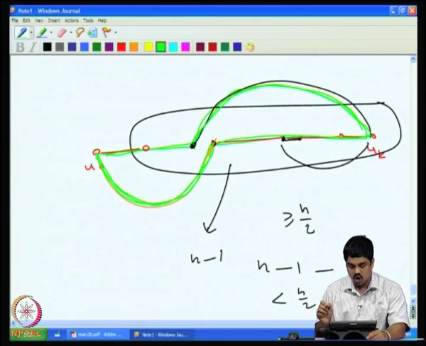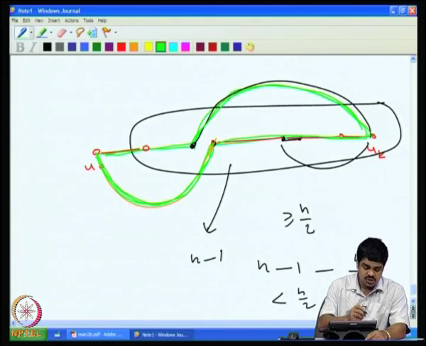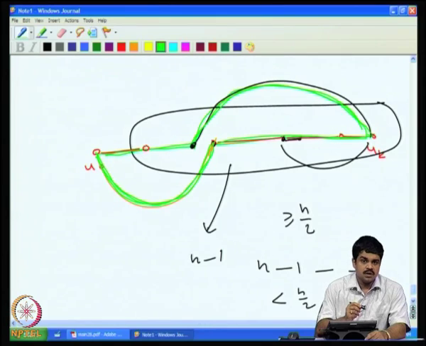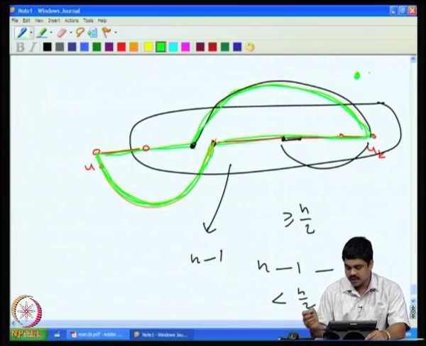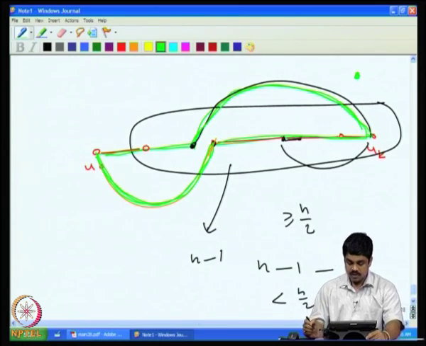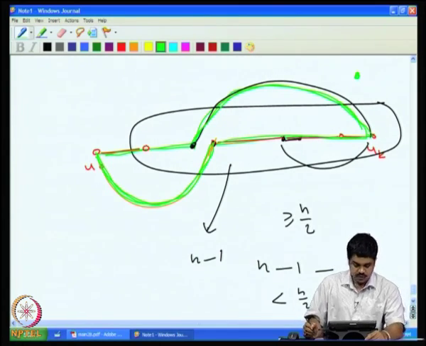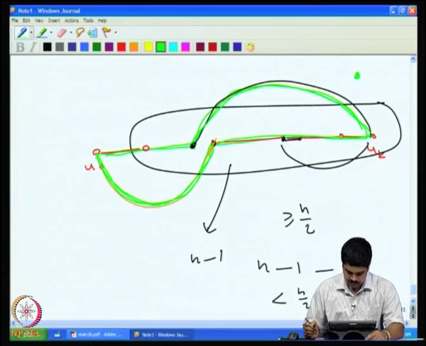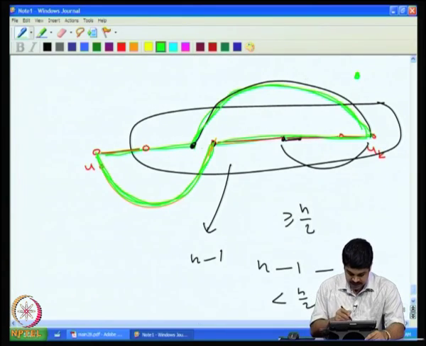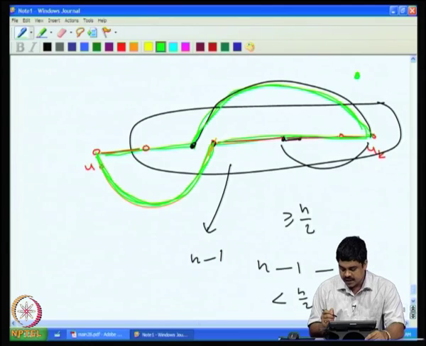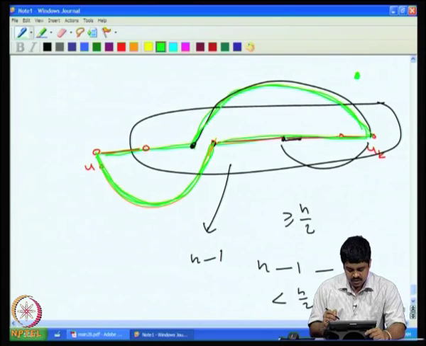So, suppose it is not, then there should be some vertex outside this cycle in the graph, such that it is not part of this, but then this is a connected graph.